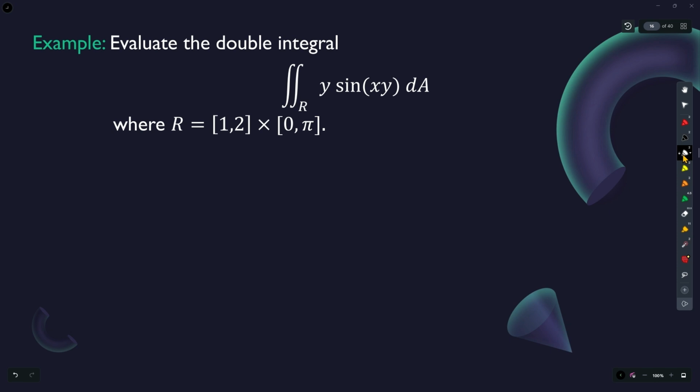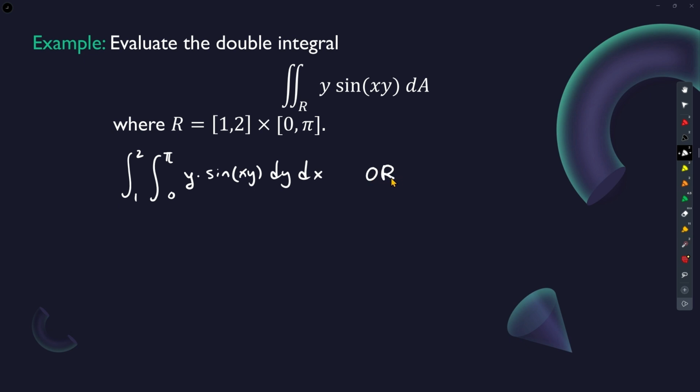So now I have to decide if I want to integrate first with respect to y, so integrate from 0 to pi y times sine of xy dy, and then with respect to x, or if I want to integrate first with respect to x, y times sine of xy dx, and then with respect to y.